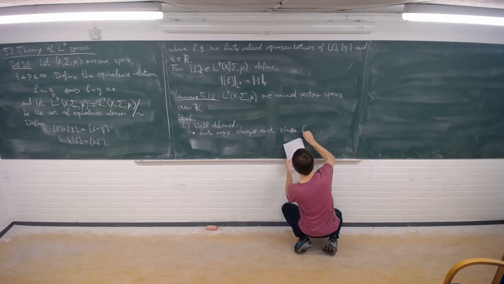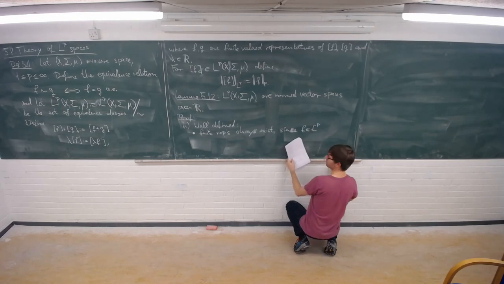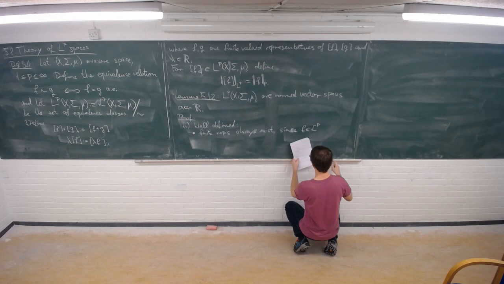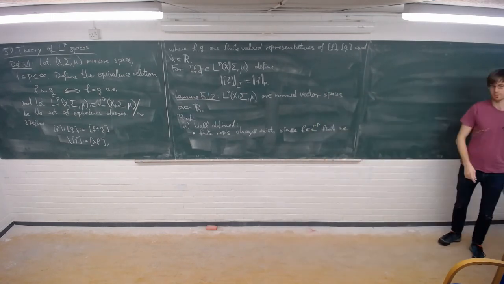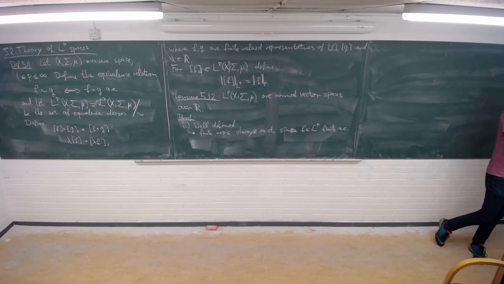They always exist because any representative of such a class is a function in the old LP space, and we've seen already that such functions are finite almost everywhere.